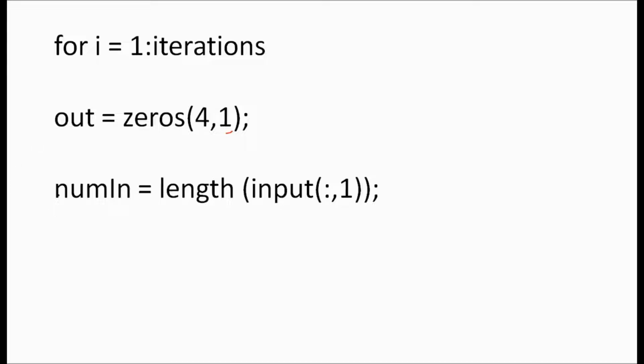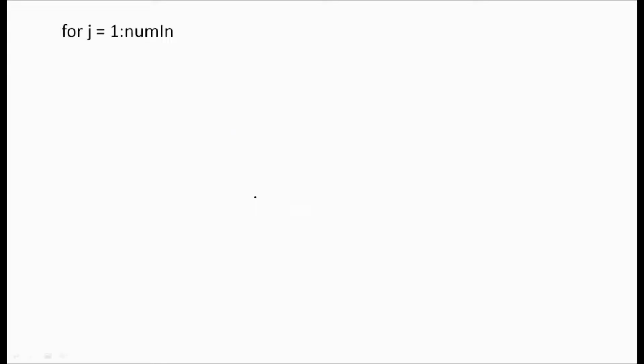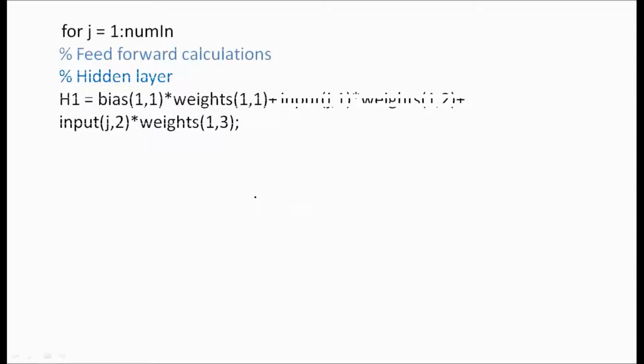Then the num length parameter is the length of the input, meaning how many inputs are there in the input layer. We are applying 2 inputs, so num length will be 2. Then for j equal to 1 to num length, that is 1 and 2, the 2 inputs.